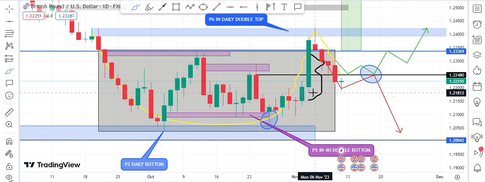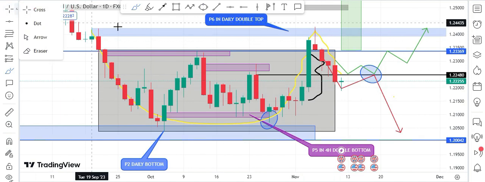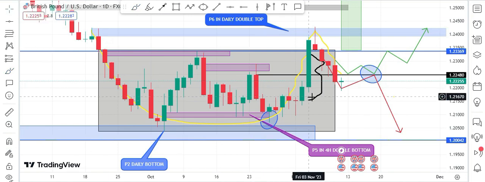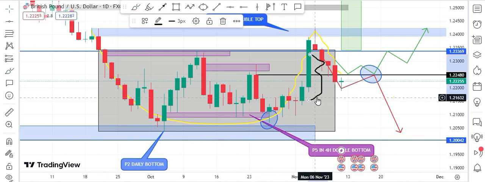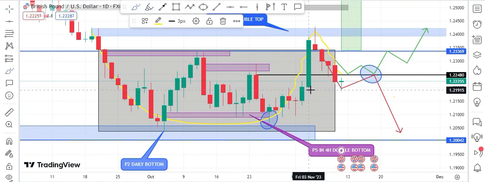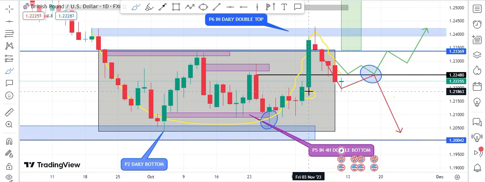So a little of that has also been mitigated. If we remove this fair value gap I drew before, we are only left with this area of fair value gap at the moment. This is the area we are left with, considering this green candle.